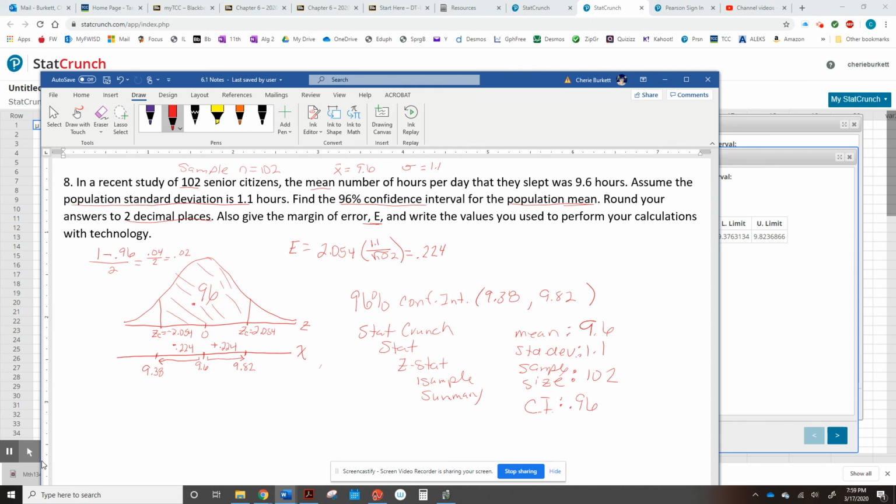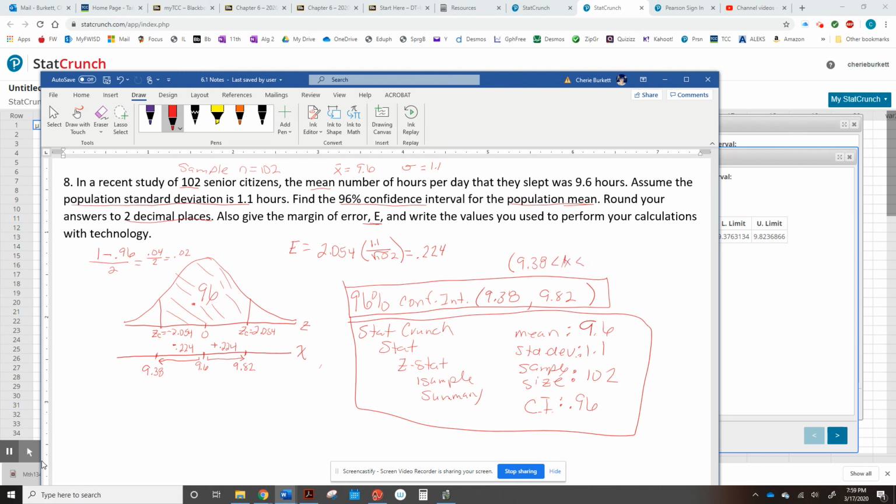So this is where you're just making a list of all the things. If you use your calculator, I will show you what you would want to write down on your calculator. But this is your technology. This is your 96% answer right here. Oh, and if they wanted it in inequality notation, it would be 9.38 is less than x is less than 9.82.